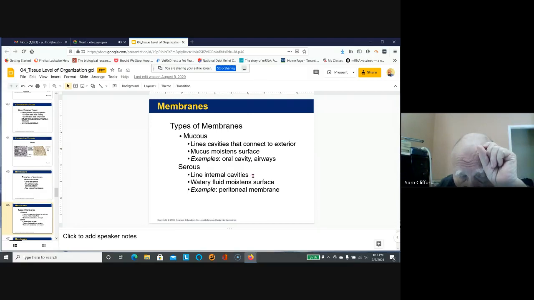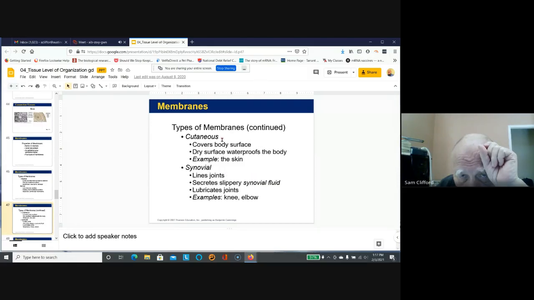They provide fluid to allow movement without friction. Cutaneous is your skin, the outer skin of the body. Synovial membranes are in between every joint, lubricates the joints and so on.